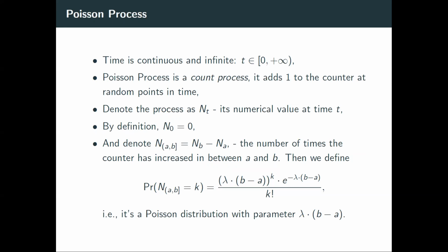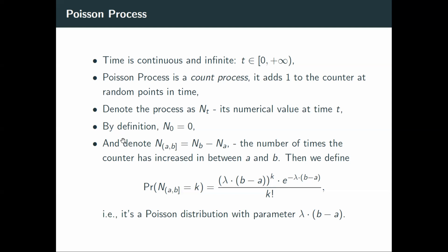So initially your counter is at 0, and then at some random point in time an event happens, and your counter increases by 1, so it's 1. Then time goes on, and again at some point an event occurs, and this adds to the counter, and so on. So at any point in time, the state of this process is just some natural number, that is, the number of events up to this moment in time.